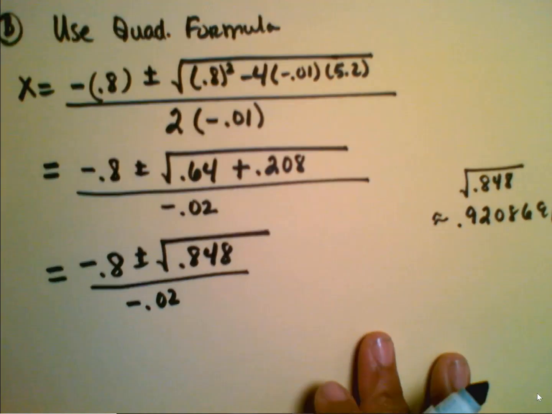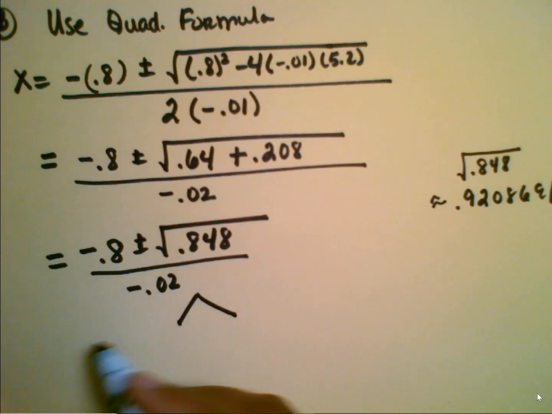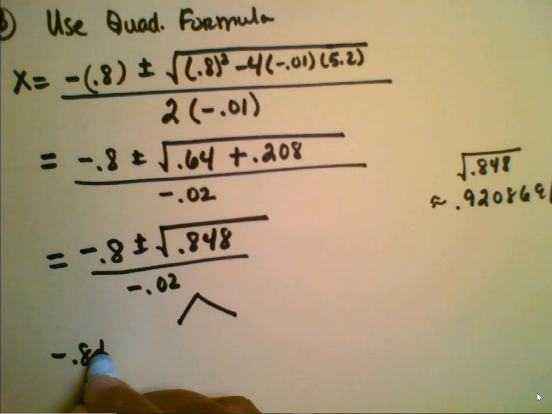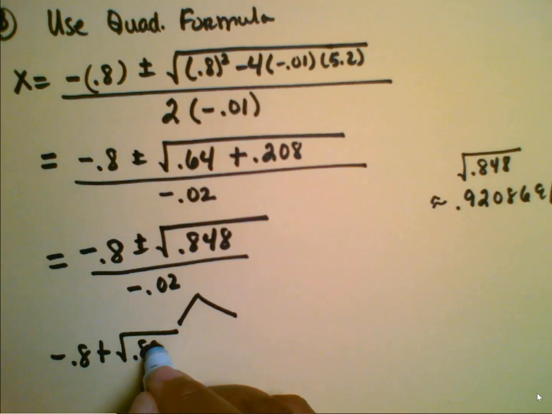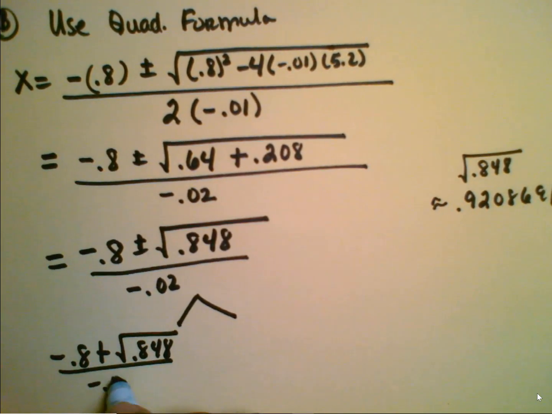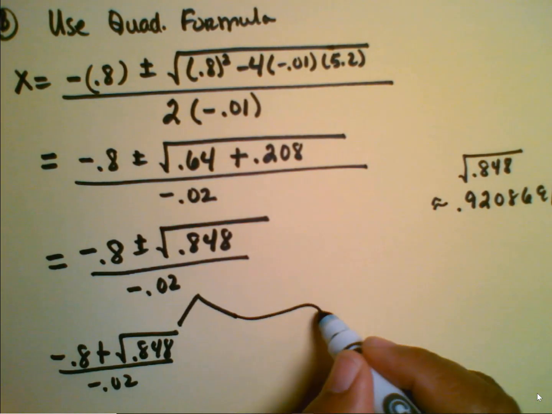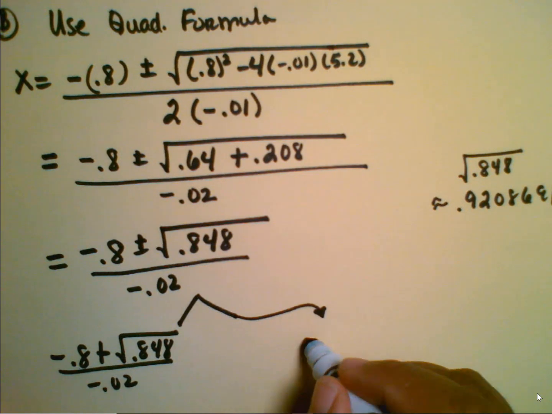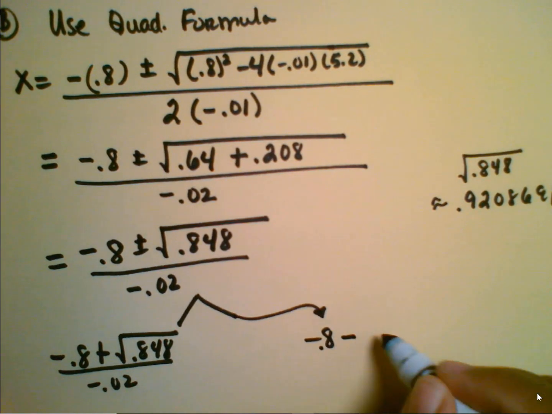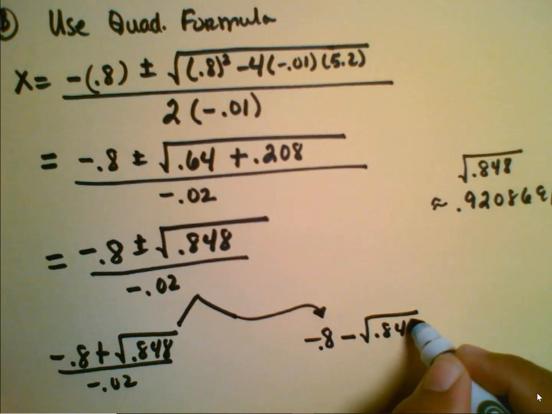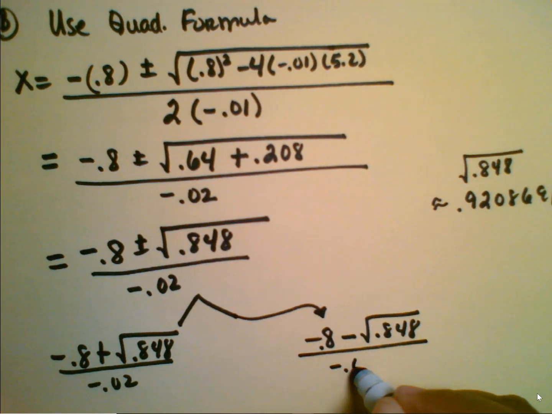Okay, so we have two solutions: negative 0.8 plus the square root of 0.848 all over negative 0.02. And we have our second solution, which is negative 0.8 minus the square root of 0.848 all over negative 0.02.